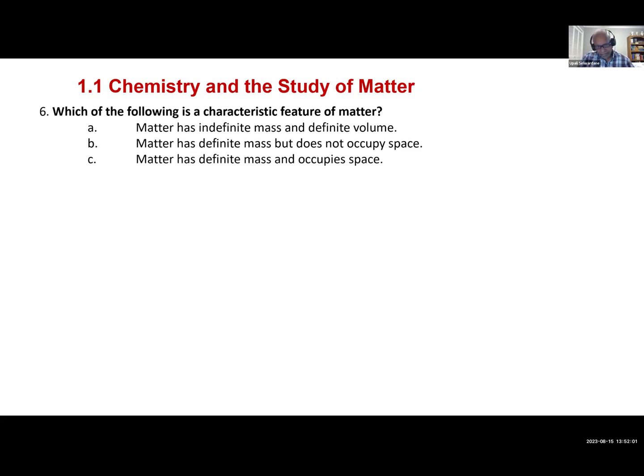Matter has definite mass and occupies space. That's a true statement. Both 'and' clauses are true, so the truth value is true. Matter has indefinite mass and indefinite volume. Both are wrong here. Therefore, it's false. Did you get the logic? Mm-hmm. What is the correct answer? Matter has indefinite mass and indefinite volume.